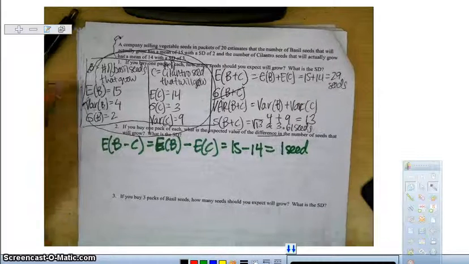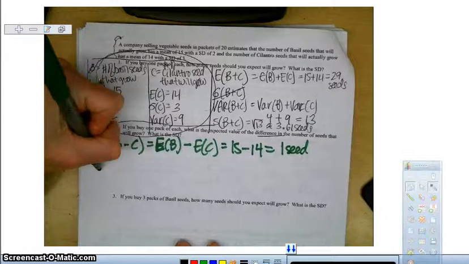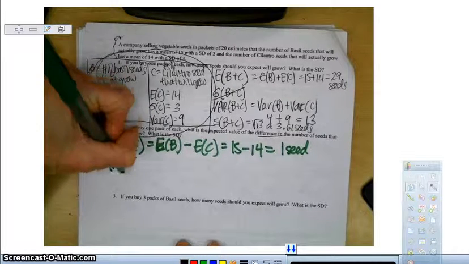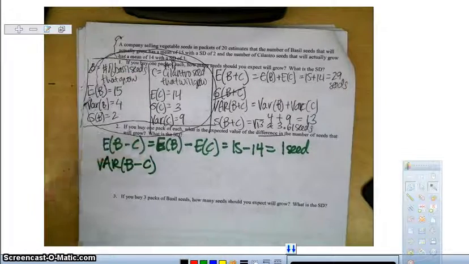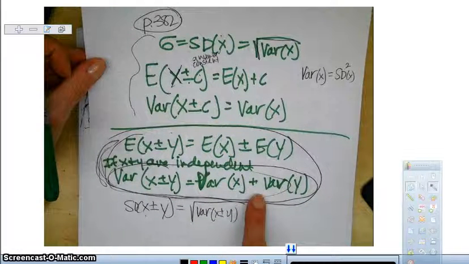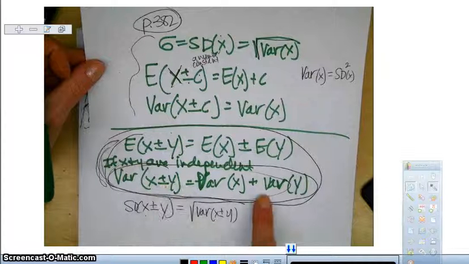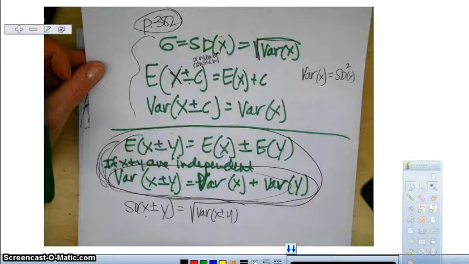Okay, so now I want to find the standard deviation, but first I find the variance. So the variance of B minus C, and here's where you have to look at the formula again. If you subtract, what do you actually do? What does it say in the formula? You add. Whether you add or subtract, the formula says you add. Variances always add. More variables means more variability.